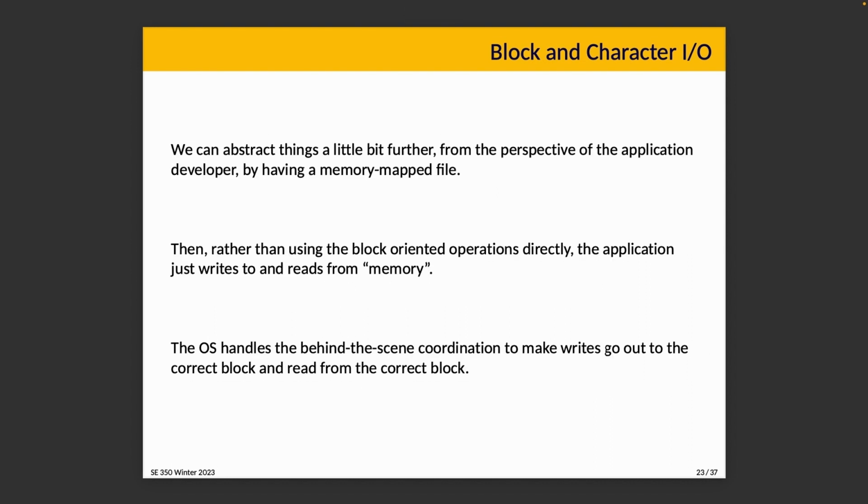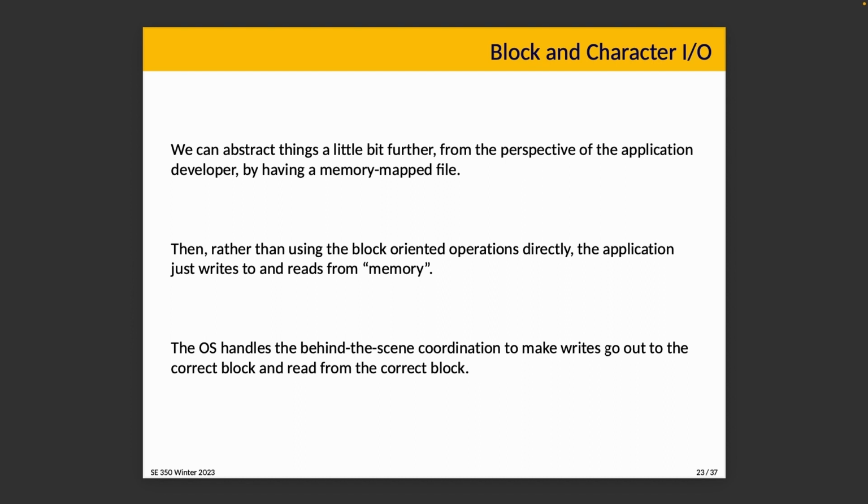So we can abstract things a little bit further from the perspective of the developer by using memory mapped files. If you remember this from the inter-process communication topic, now we're just on the other side of it. And when we're on this side of it, we don't have to actually do quite as much.